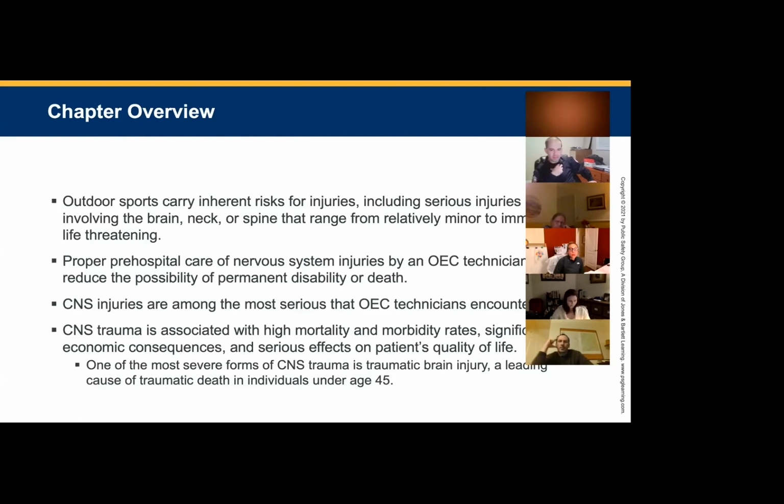So we want to make sure that we do a proper assessment to identify any kind of issues that may be present. This last bullet point, CNS trauma is associated with high mortality and morbidity rates. That means there are high death and injury rates. Significant economic consequences. When somebody suffers a spinal injury and becomes paralyzed, that individual is no longer able to contribute to society, and that can have some severe economic factors.